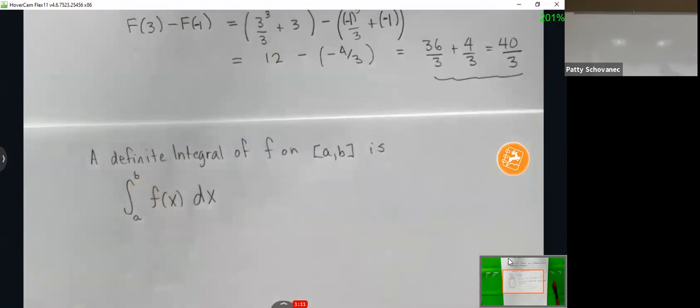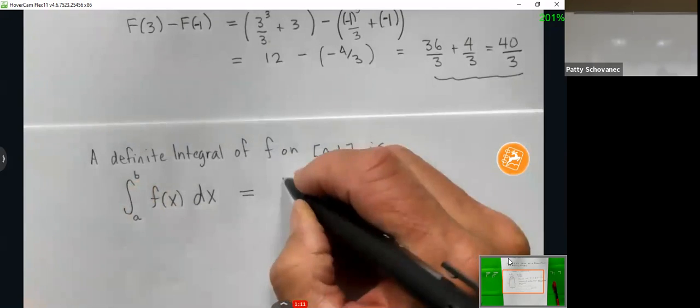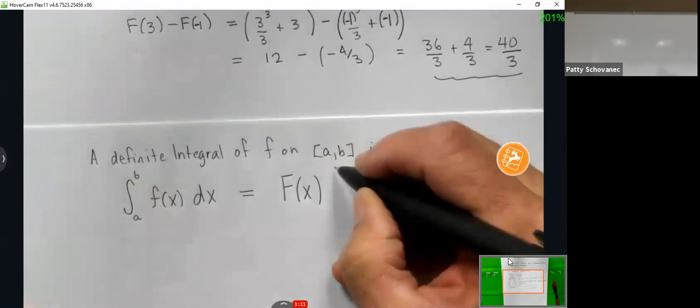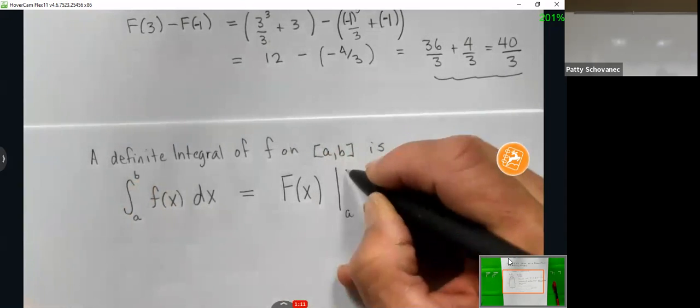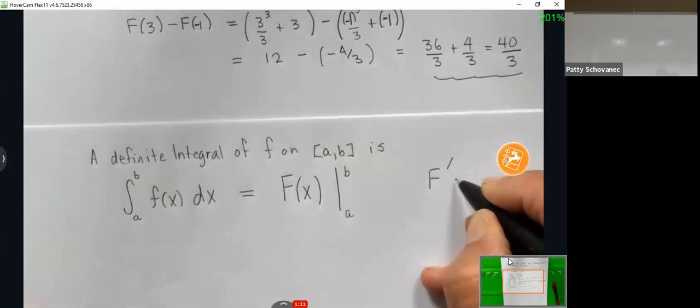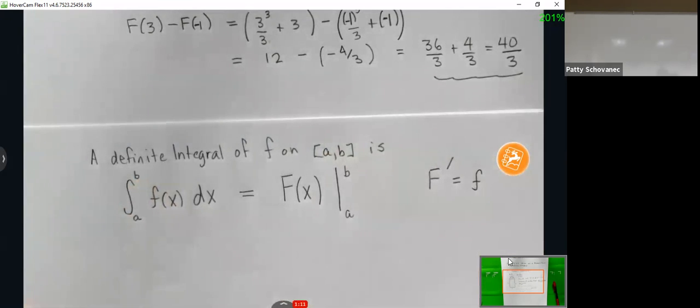But what we saw on the last page was that you first find an antiderivative, and then you evaluate the antiderivative over that interval. Well, we know that the derivative of capital F gives us little f.